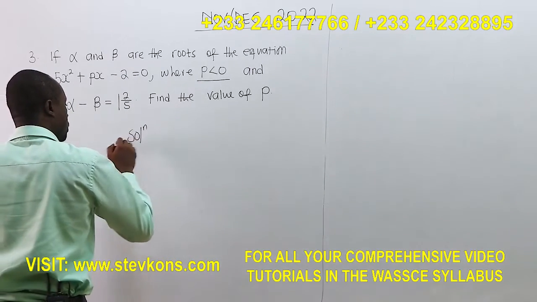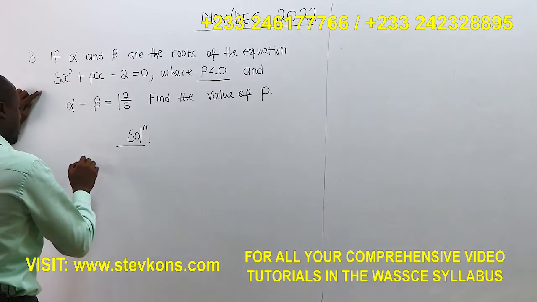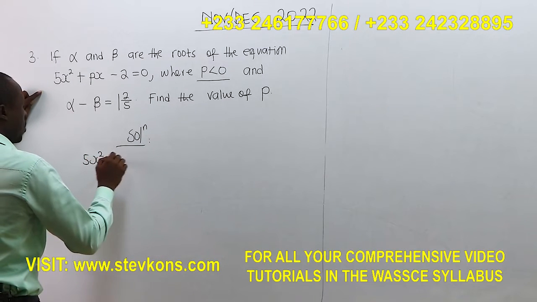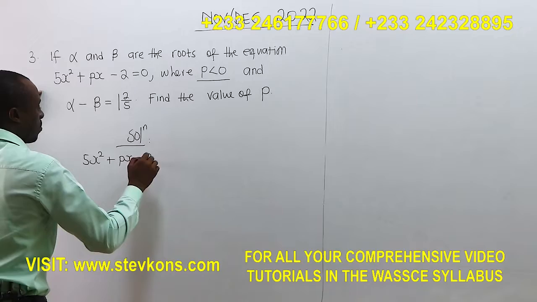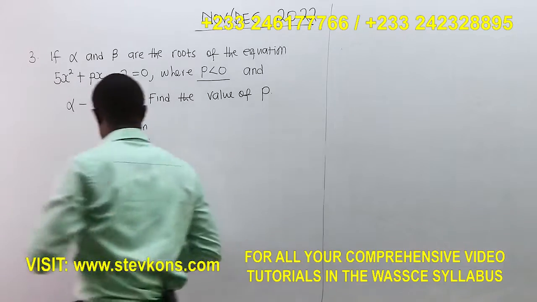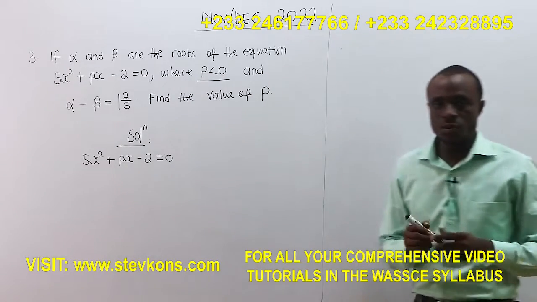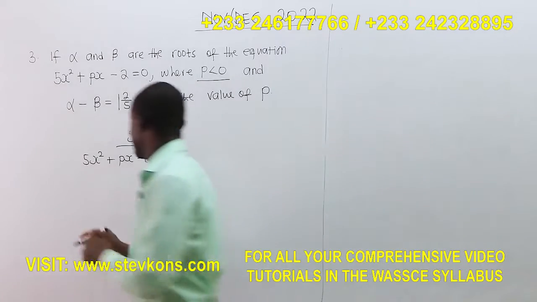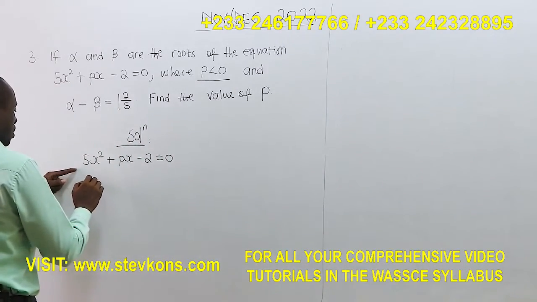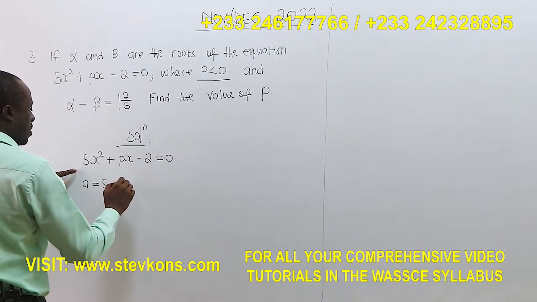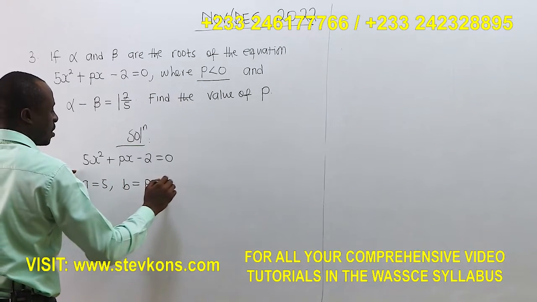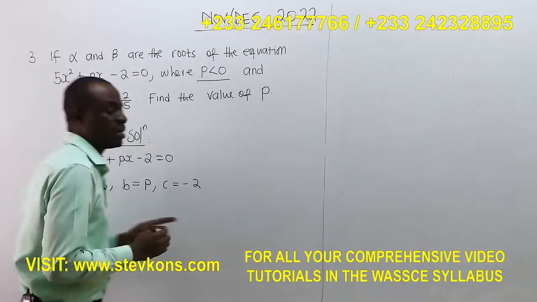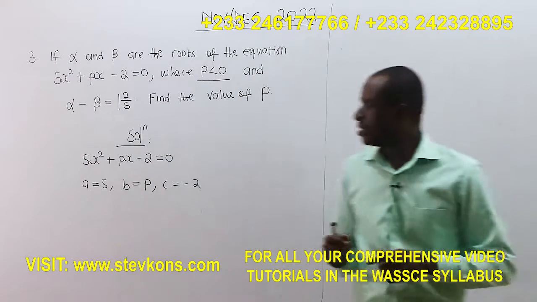Now, the equation we have is 5x squared plus px minus 2 equals 0. When we compare this equation with ax squared plus bx plus c equals 0, clearly our a, the coefficient of x squared, is 5, our b is p, and our c is negative 2.